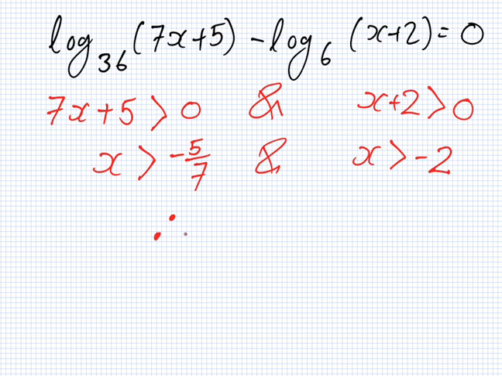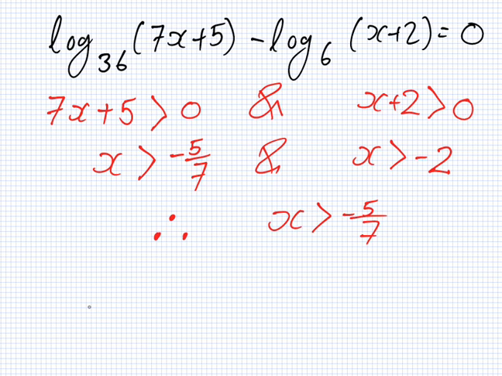Therefore, I don't need to write both of these. If I want both of these to be true, which one must always be true? Minus 5 over 7. Thank you. Yep.